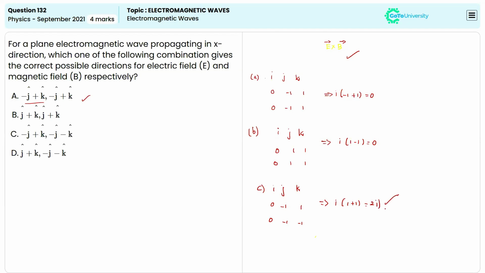So here we are getting the i coordinate, right? Let us do for D. So here i, j, k, which will be 0, 1, 1, and 0, minus 1, minus 1. When we do the cross product, i times minus 1 plus 1, which will be equal to 0, right? So from this, we can say the correct answer for the question is option C, right?